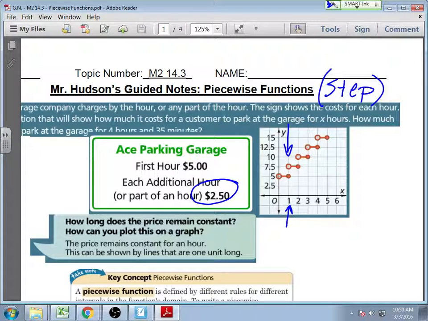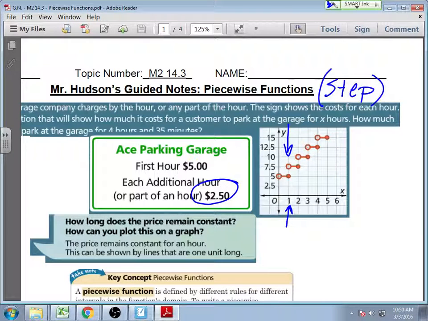But that open circle tells me that at exactly 1 hour, I don't pay $7.50, but anything over it, just over 1, 1.00000000001, is the second hour. And we keep going up like that.